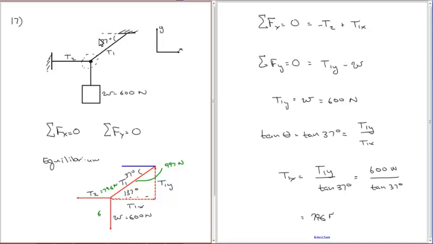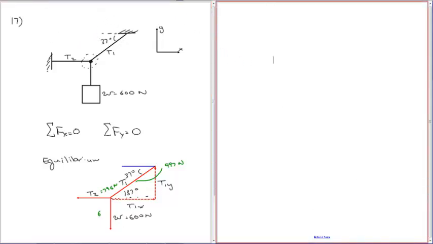So let's add a page in here just so we can look at the original drawing. What would happen is, if we drew this free body diagram, we'd have, say, that going in that direction, and that going in that direction, and that going down like that. And this still would be 37 degrees between these two.